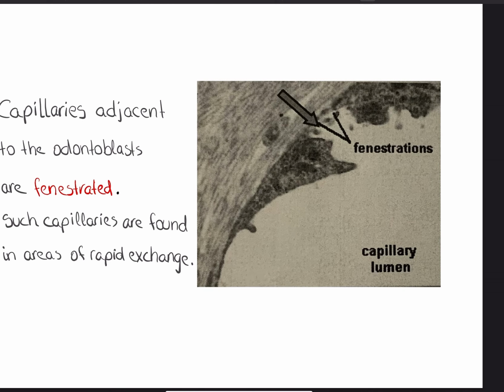The capillaries, here you see fenestrations, are adjacent to the odontoblasts, and subcapillaries are found in areas of rapid exchange. So here you see the capillary lumen, the capillary wall, and then a fenestration for rapid exchange.